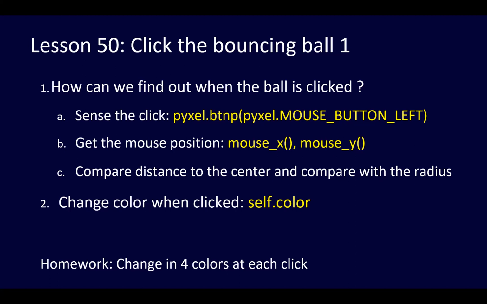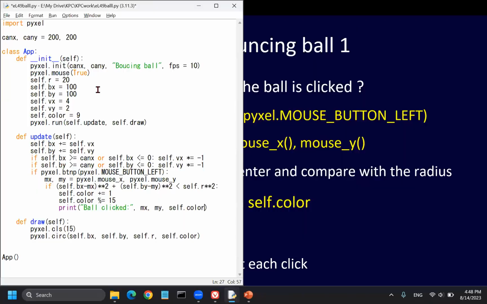Okay, let's see the code. So it was here. If the left mouse button is clicked, you can find out the mouse position this way, mx and my.